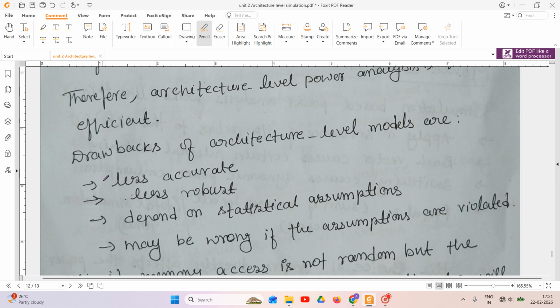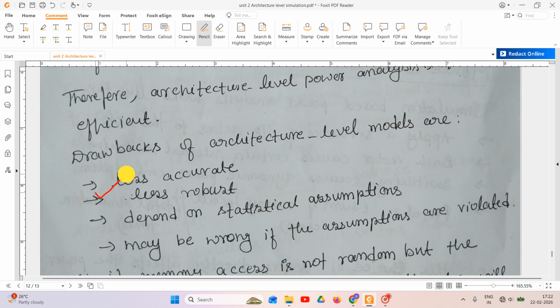It will not match the real time power analysis of the memory. In order to match your real time result, your assumption should match the behavior of the real time memory, then only you will get an accurate result. We can't assume every real time behavior in our model, so we won't get an accurate result.